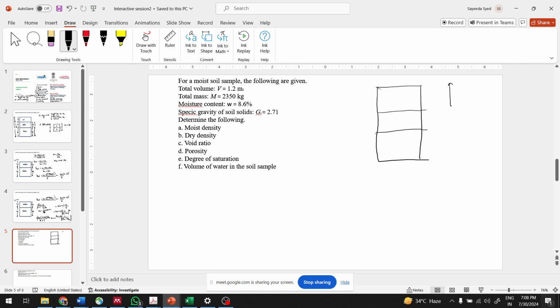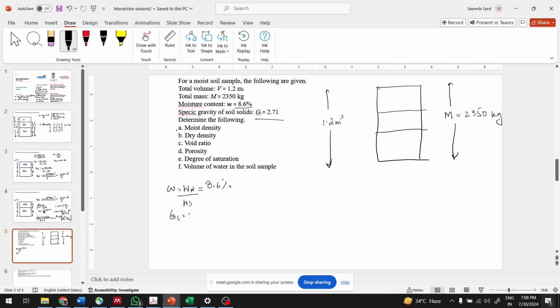So the total mass is 2350 kg and the total volume is 1.2 meter cube. Moisture content is 8.6%. We know that moisture content is weight of water over weight of solids, which is 8.6%. Specific gravity of solids is 2.71.